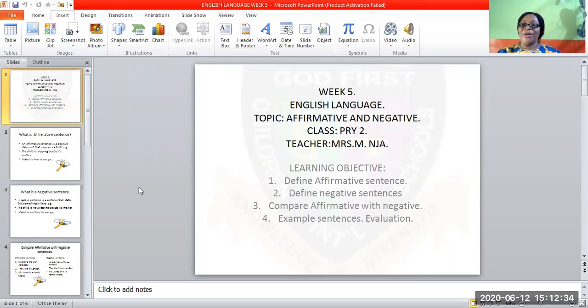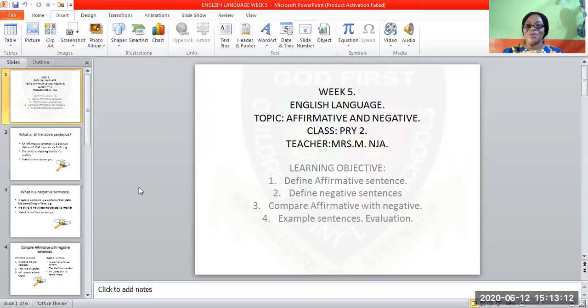Today, our learning objectives shall include, but not be limited to: one, defining affirmative sentences; two, defining negative sentences; three, comparing affirmative with negative sentences.